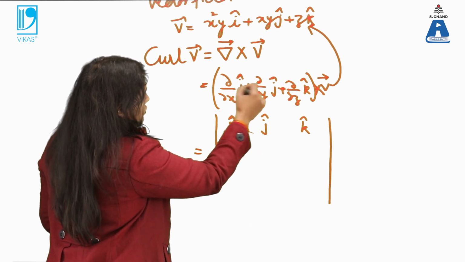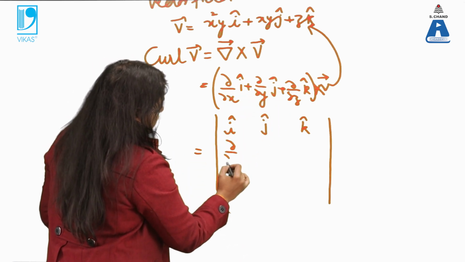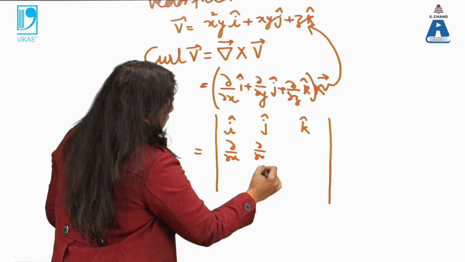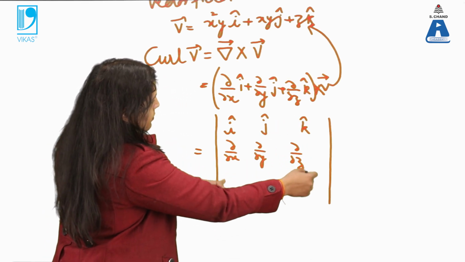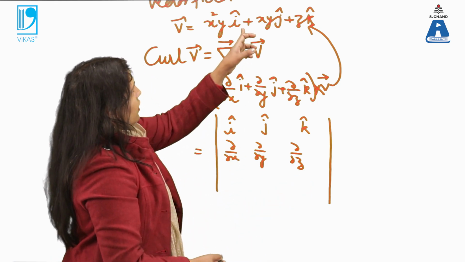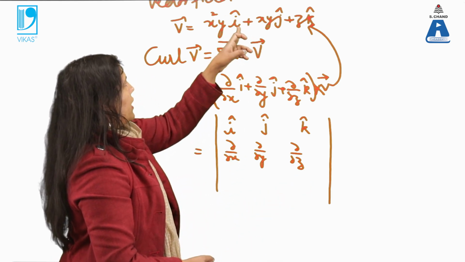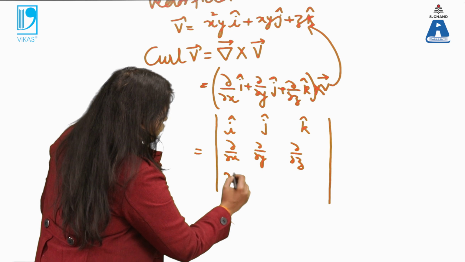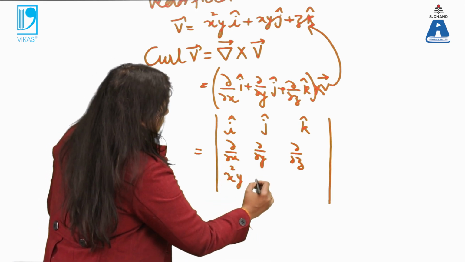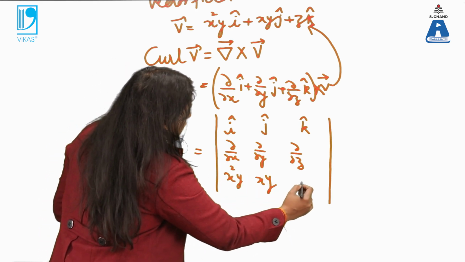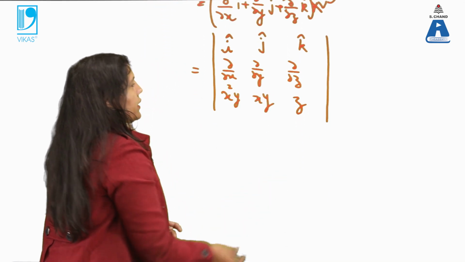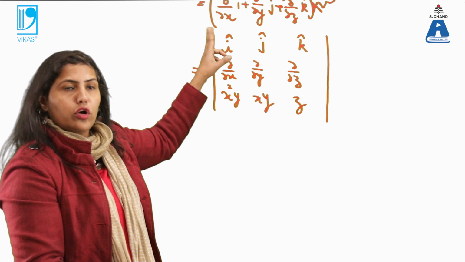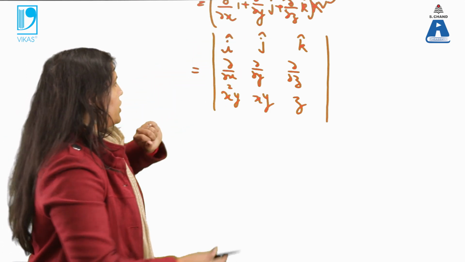Then the first vector components, i component, then j component, then k component, and the same way you fill up the V vector field. So x square y is the i component, xy is the j component, and z is the k component. Now curl means the determinant of del and V.